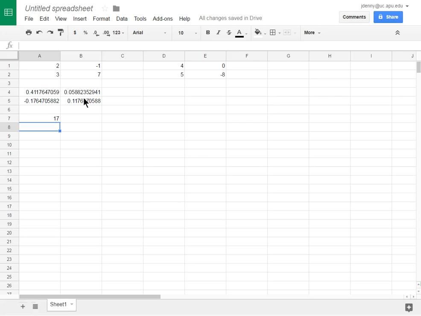So this is really useful, especially when you have a 3 by 3 matrix. Let's try that out. Let's suppose we had some numbers. And we wanted to find the determinant of the 3 by 3.